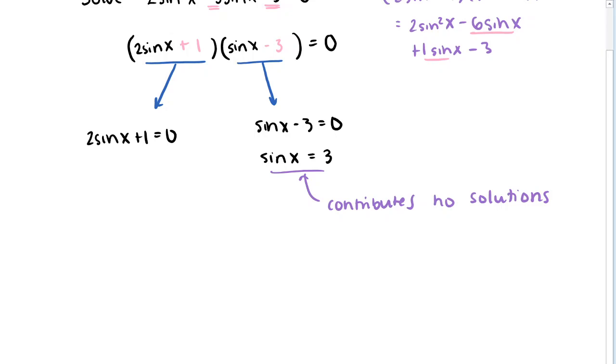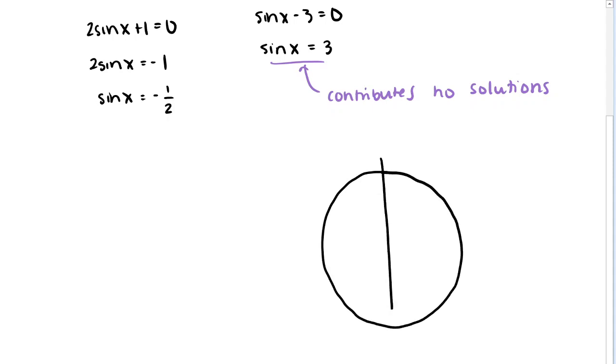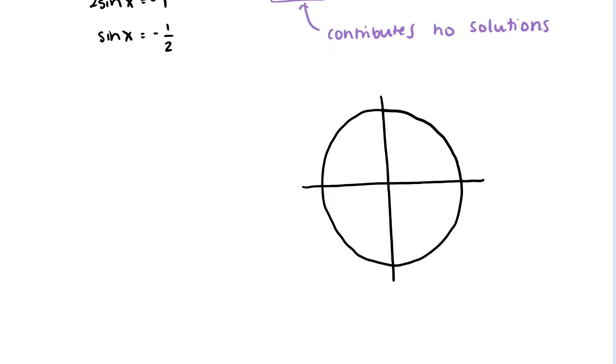So subtracting 1 from both sides, we get 2 times sine of x is equal to -1. And then dividing both sides by 2, we get sine of x is equal to -1/2. And so when we look at the unit circle, we're asking what angles give us a y-coordinate on the unit circle of -1/2.